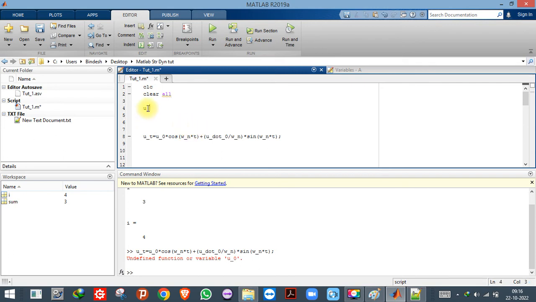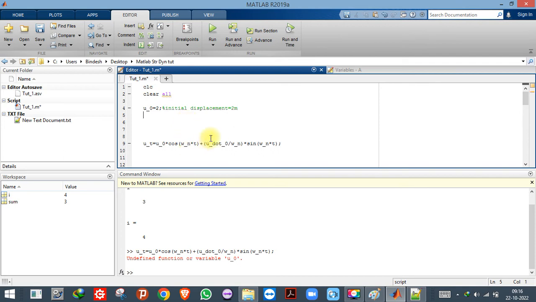So u of 0, let us take a problem where the initial displacement is 2, okay, 2 meter. I'll write a comment: initial displacement, 2 meter.